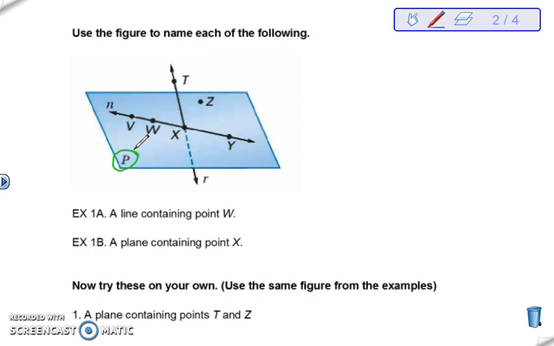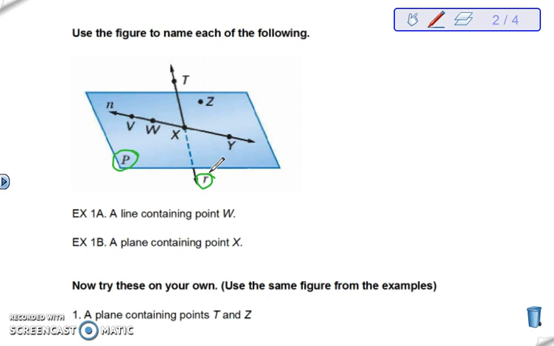Notice we have this lowercase r next to the edge of that line, so that r is referring to the line. I can also name the line by picking a couple of points that the line crosses through. We have to do it this way so people are sure which line we're talking about, because there's a bunch of lines on this paper.